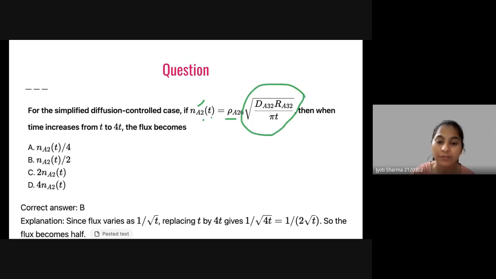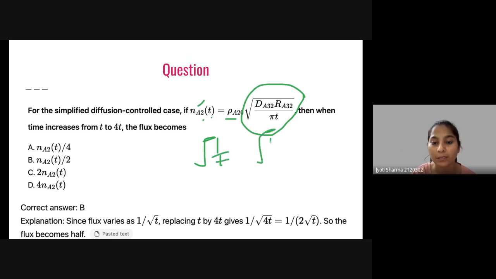Because this is a function of time, we have expressed it in some equation, and this equation is like this. So what we are saying is, when time increases from t to 4t, the flux becomes what? I already have given the answer. This is 1 by square root of t.